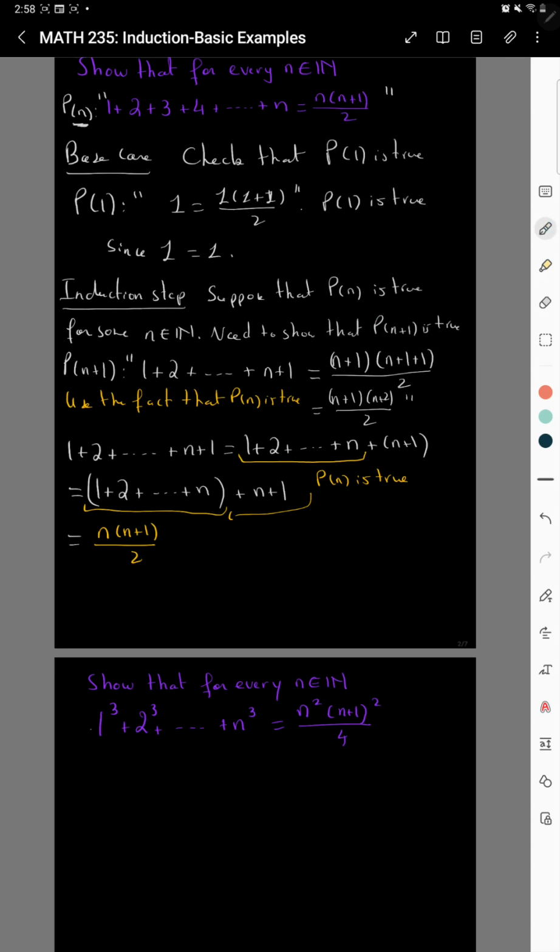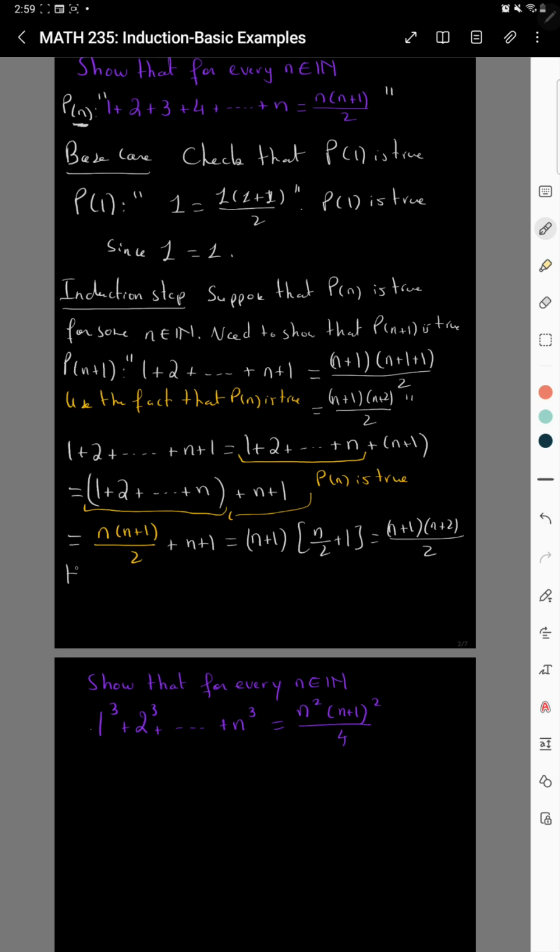Now, plus n plus 1. Now it's just a matter of factoring and regrouping. Let me factor n plus 1 out, so it's (n plus 1) times (n over 2 plus 1). Let's put everything on a common denominator: (n plus 1) times (n plus 2) over 2.